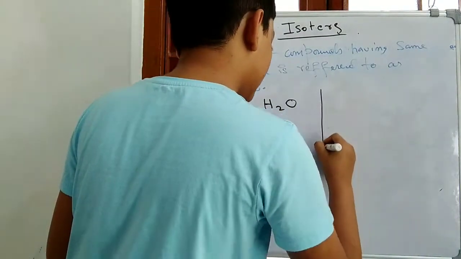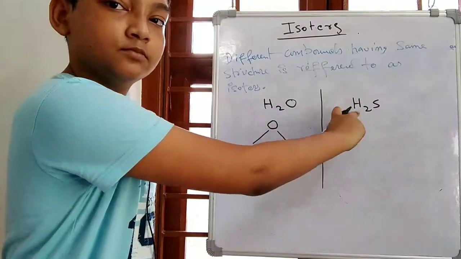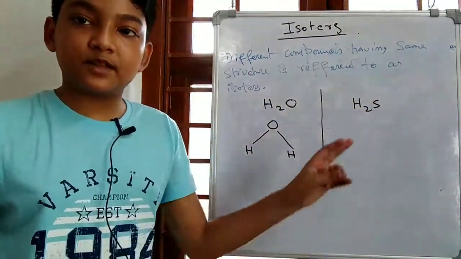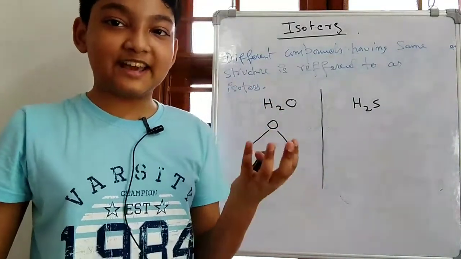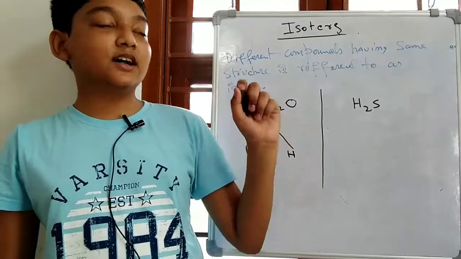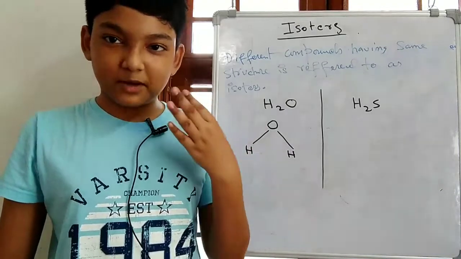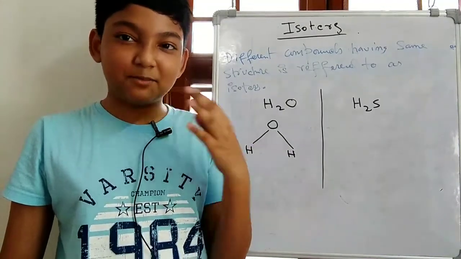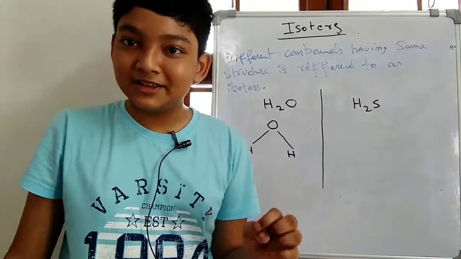Now let's move on to another one, which is H2S. What is this? Hydrogen sulfide. It smells like when eggs are broken and destroyed, some rubbish type of smell we get, very bad and not healthy.